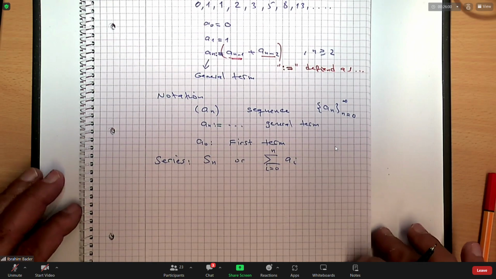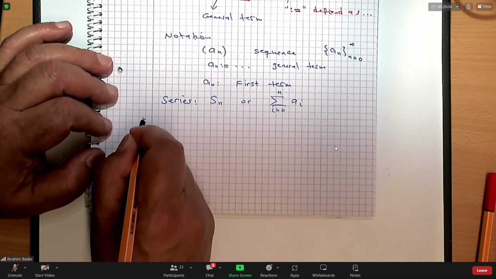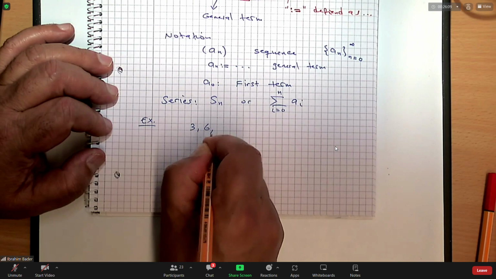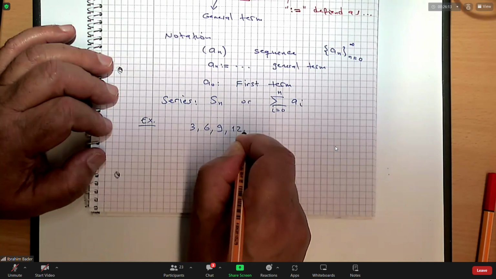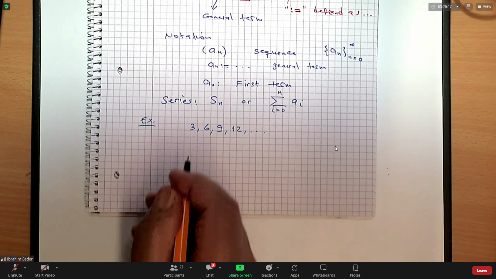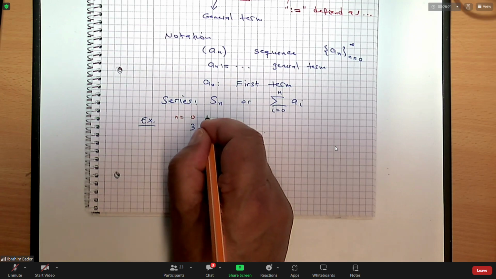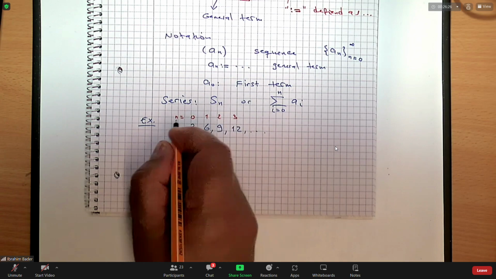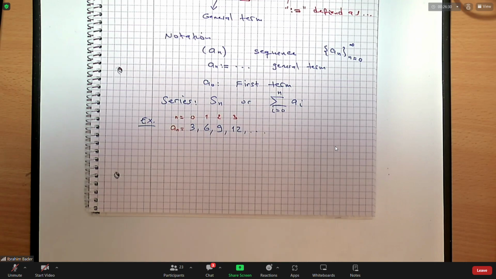Okay, let's take now an example just to show you how to use these notations. Example: 3, 6, 9, 12. For the beginning, we will assume that we have the counter here, n equals 1, 2, 3, and this is a sub n.